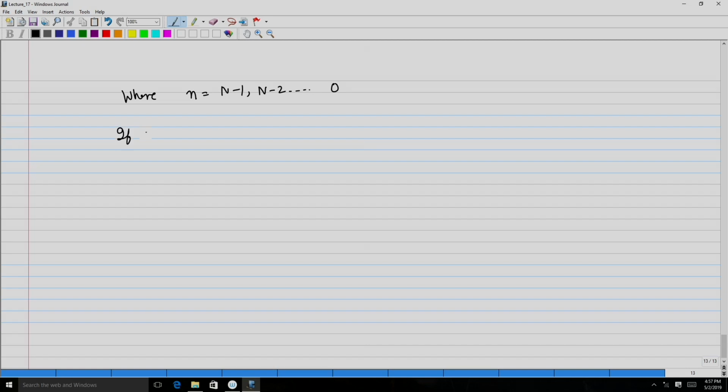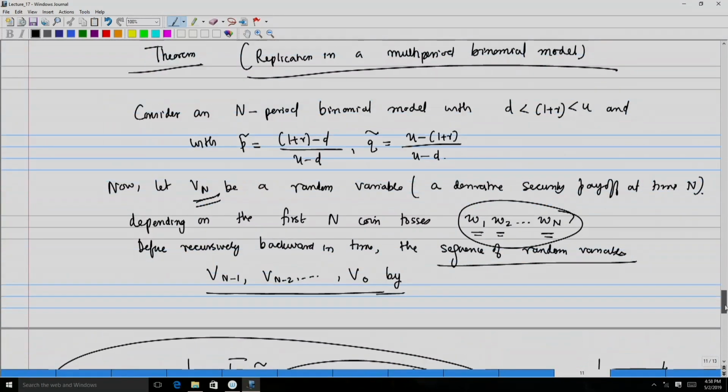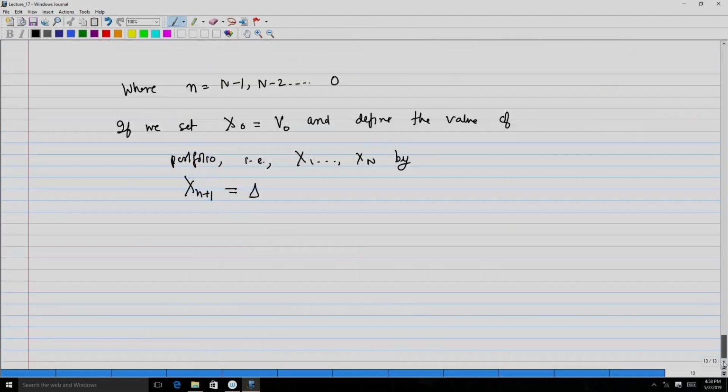Now, if we set X0 equal to V0 and define the value of the portfolio, that is X1 all the way to Xn, by the relation X n plus 1, which you have already seen. Remember, this is just the same relation as we had seen here, exactly this same relation, so I am just reproducing it.